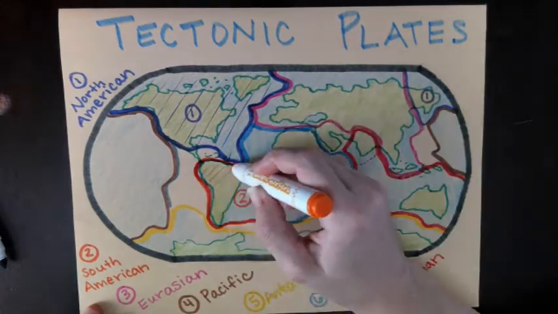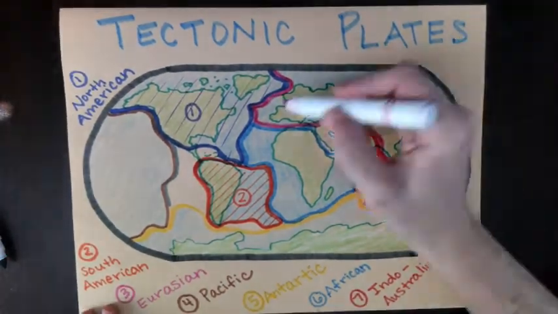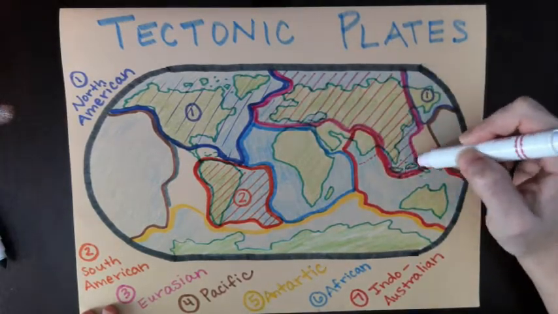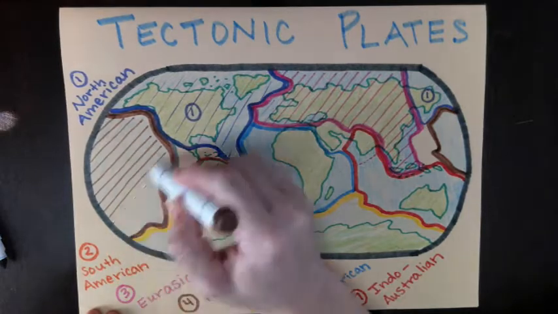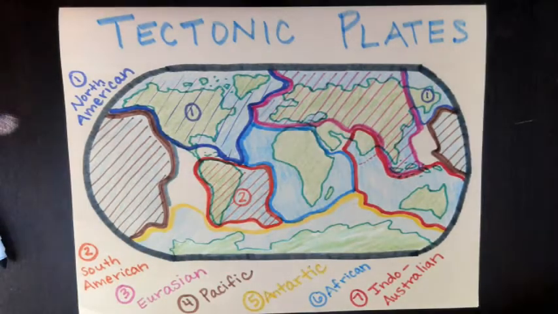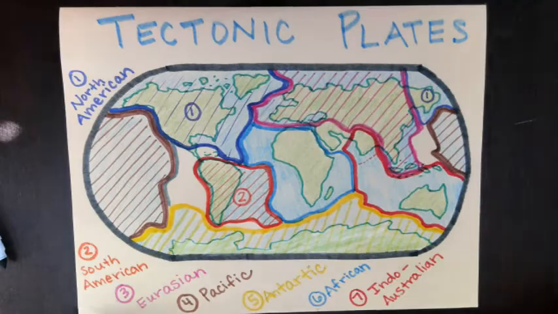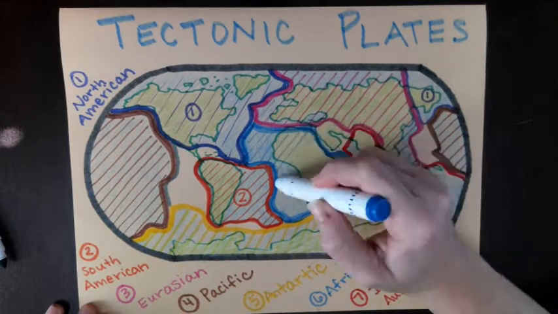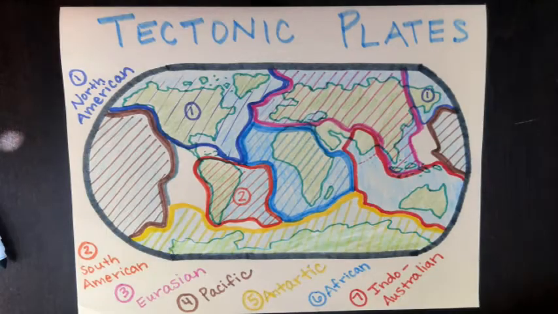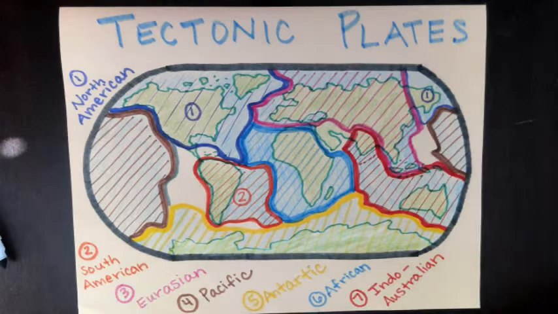That would be the North American plate, the South American plate, the Eurasian plate, Pacific plate, Antarctic plate, African plate, and the Indo-Australian plate. And each of these plates consists of oceanic material, which is more dense, and also continental material, which is less dense.